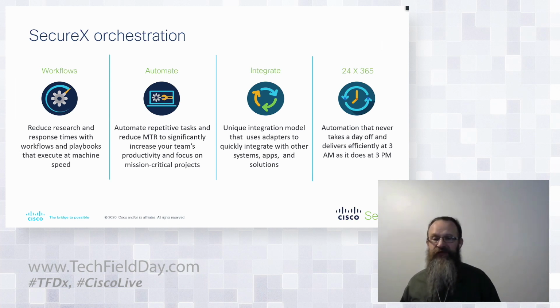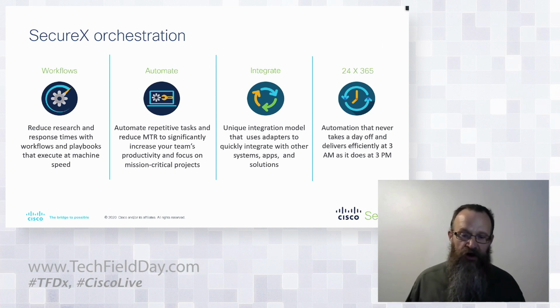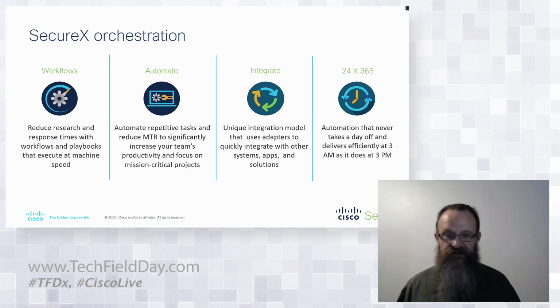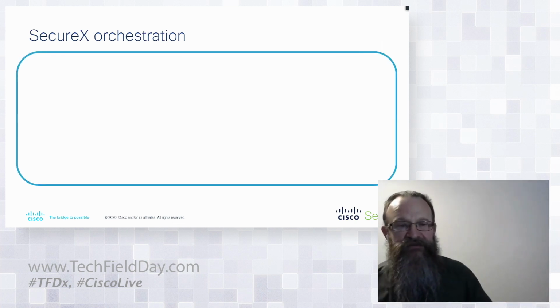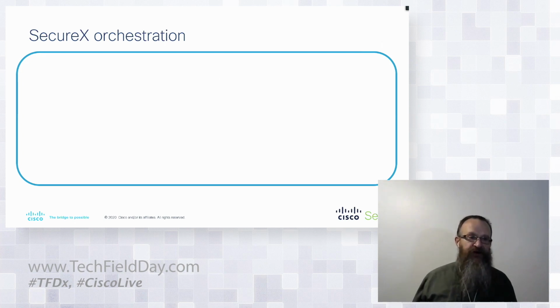And 24 by 365, because it's automation. If you set a workflow to trigger on conditions, when you receive an email into the phishing email box, kick off an investigation and see if this file has been seen on any of our other endpoints. And all these things happen. All your people can be in bed. This just happens without any additional manual human interference.